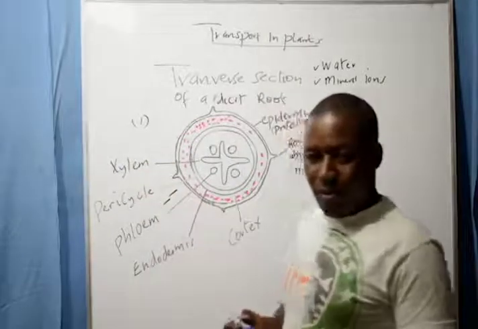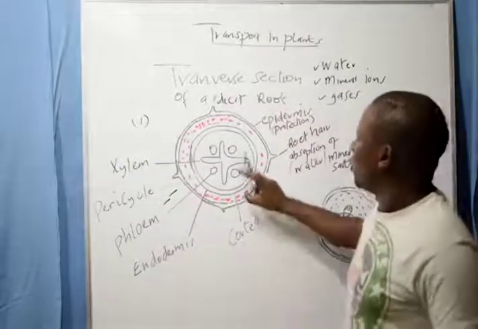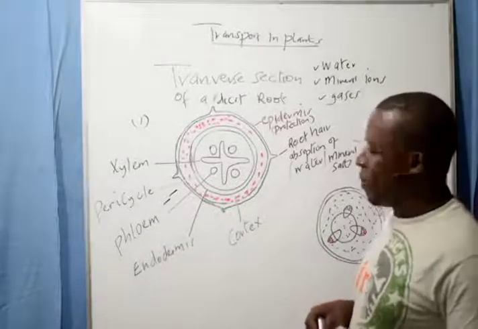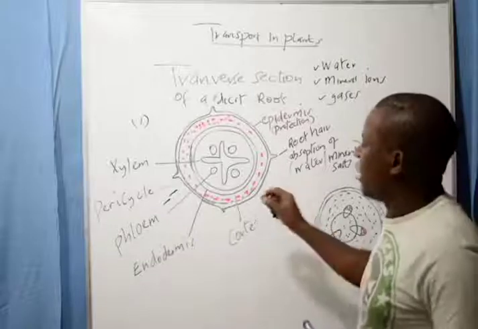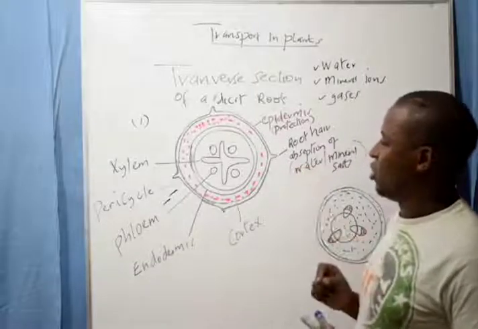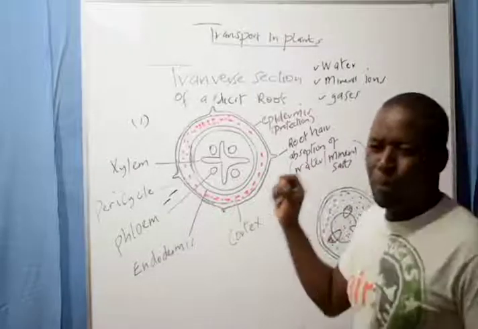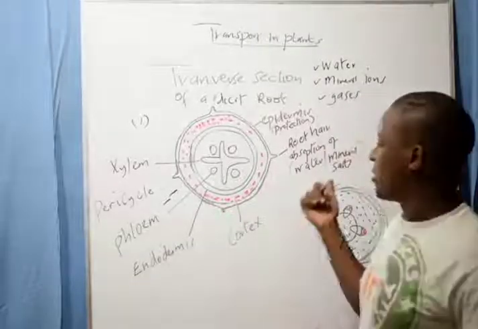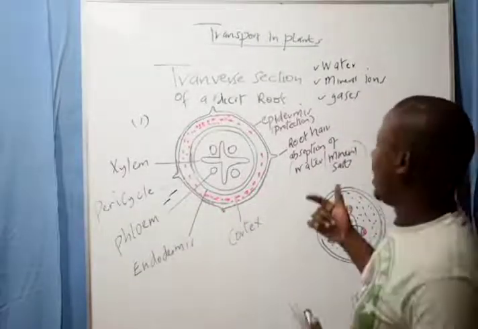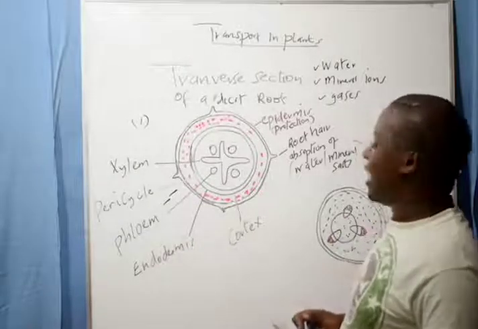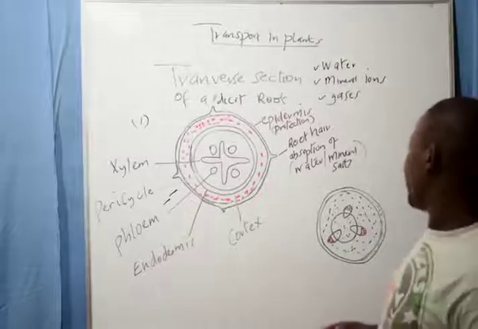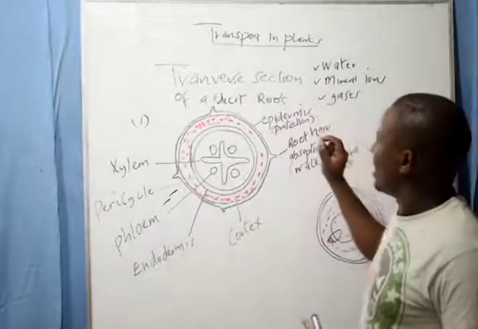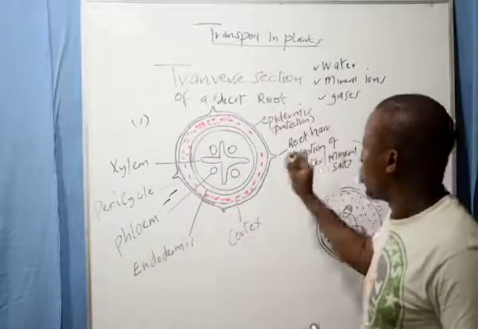The xylem's main function is to transport water and mineral salts. It also has another function, that is for support. So xylem has two functions. The bigger one is transport of water and mineral salts. Then it is also a function in the support. This is the structure of a TS of a dicot root.